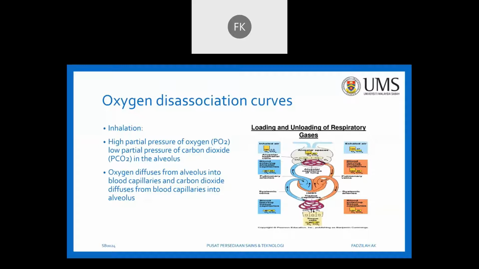When you inhale, there is a high concentration of oxygen in your alveolus, but a low concentration of carbon dioxide at the same time. This is when you inhale oxygen. And then oxygen diffuses from alveolus into blood capillaries, and carbon dioxide diffuses from blood capillaries into alveolus.